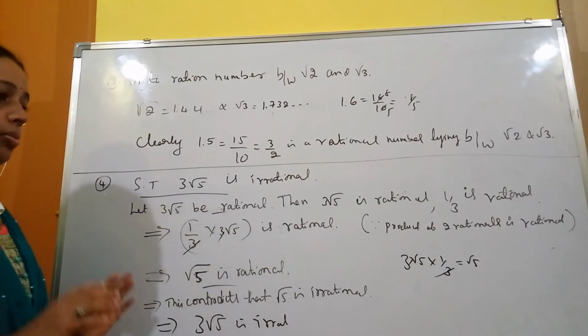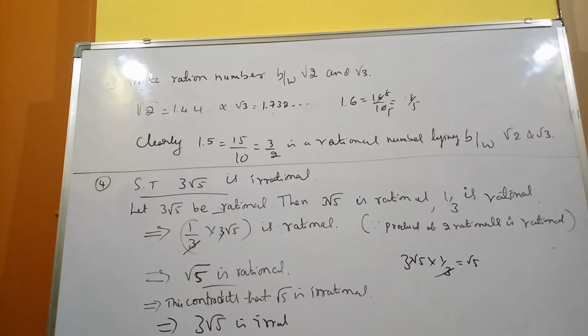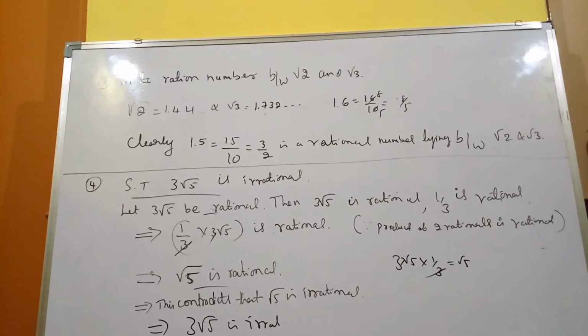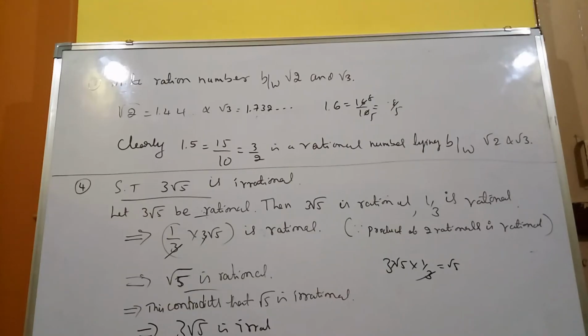Like so many problems they'll ask in this chapter. Once again, we have to revise the points, whatever content we learned in this chapter. Then we have to complete the chapter. So we are at the end of the completion of the chapter.